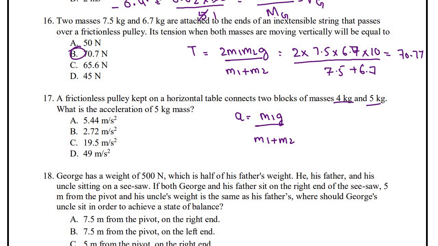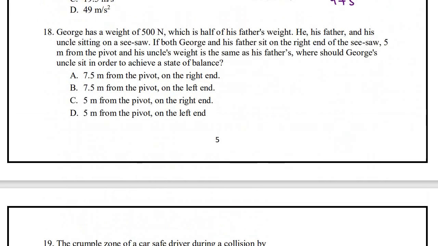So we can assume that 4 kilogram mass is on the table and 5 kg mass is hanging vertically. So let's say this 5 kg mass is m1. If we substitute the values, 5 multiplied by 10 divided by m1 plus m2, 4 plus 5. So the result will be 5.44 meters per second square. So the correct answer will be option A.